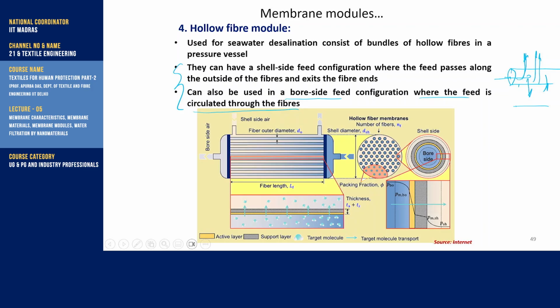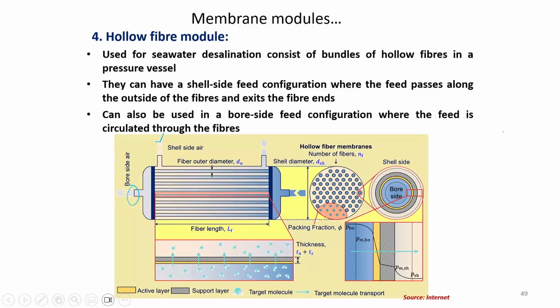So, you can see the diagram here. This diagram clearly shows the shell, where at the center it is the bore side and here it is the shell side. If we feed the material through the bore side, then the exit will be from the shell side, or vice versa.